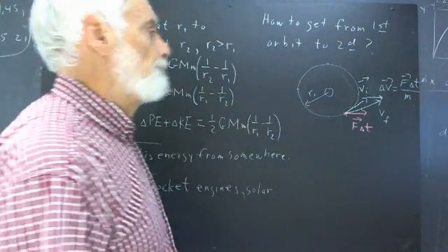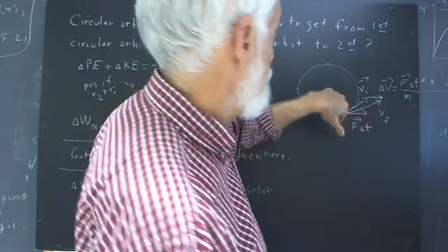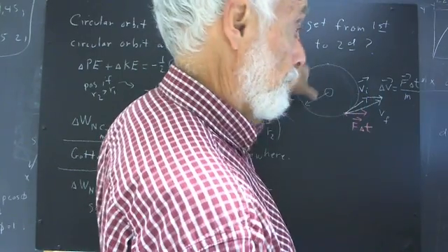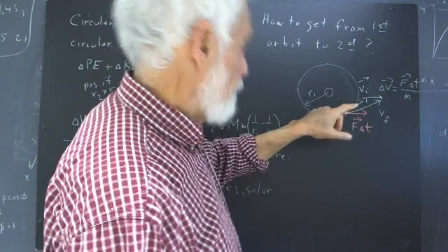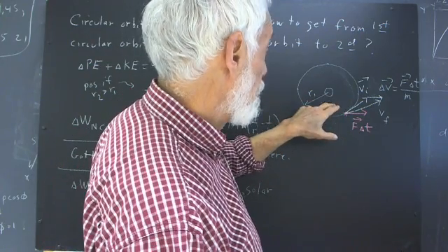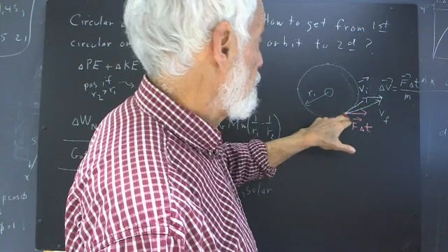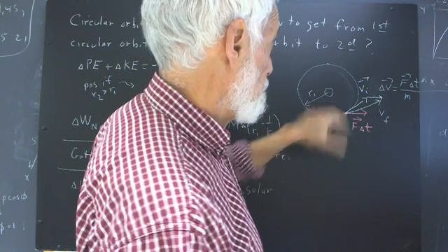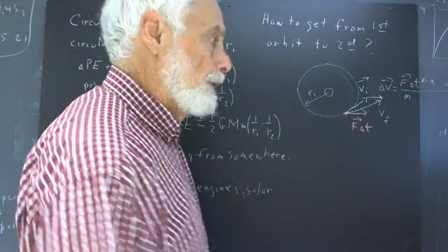Now, we were at this point moving at a velocity that would keep us in a circular orbit, a velocity at which mv squared over r, over r1 in this case, is equal to the gravitational force exerted by the planet on the mass. Now that's no longer the case.